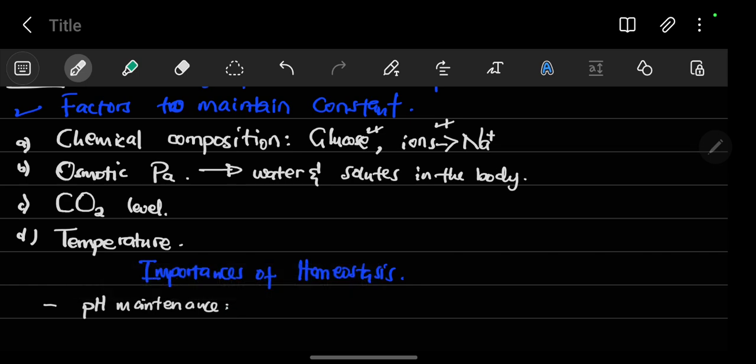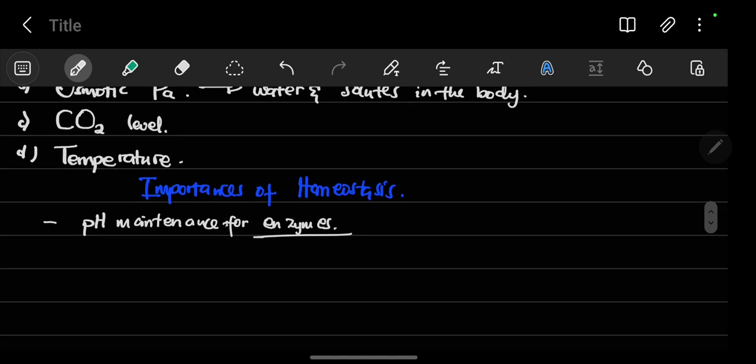You will find out that if pH is not kept constant, enzyme activity is going to be hindered. Remember from nutrition, we look at enzymes as biochemical catalysts, but their activity depends on the pH in which the enzyme is going to be acting.